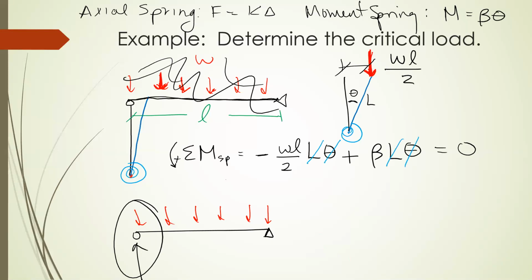And what I get is that W equals the spring constant beta times 2 over the length of the beam. Is that right?